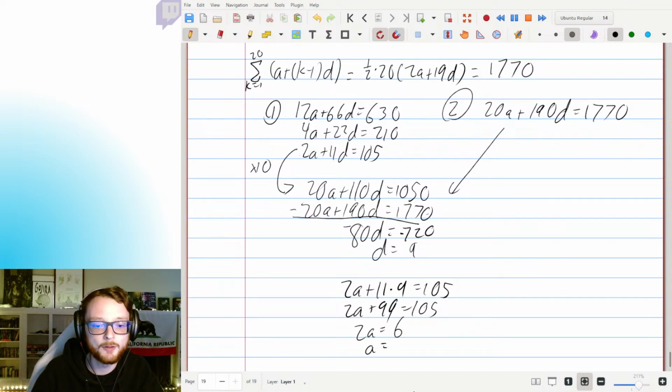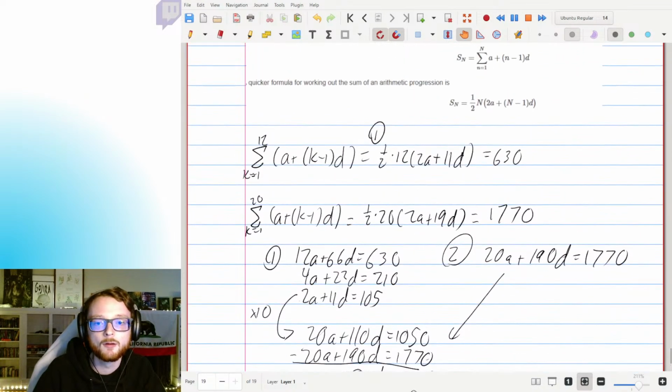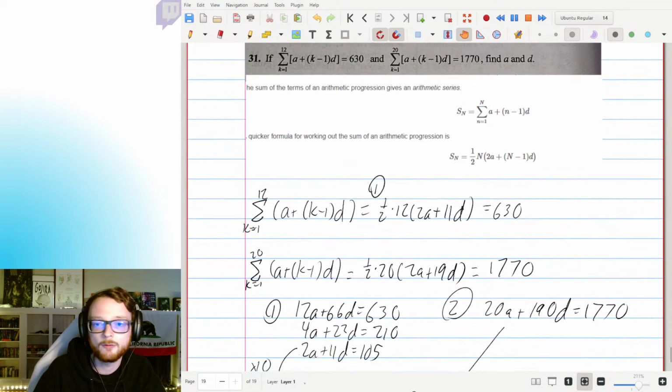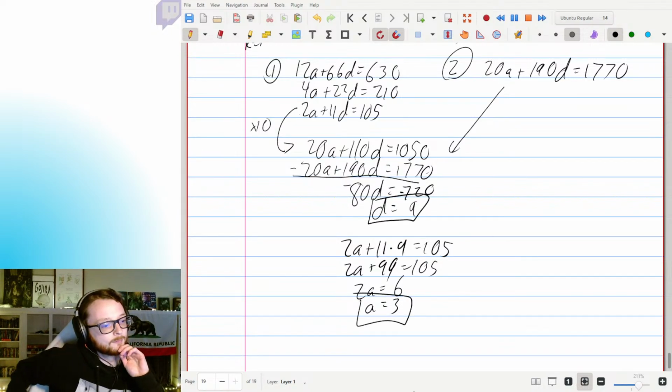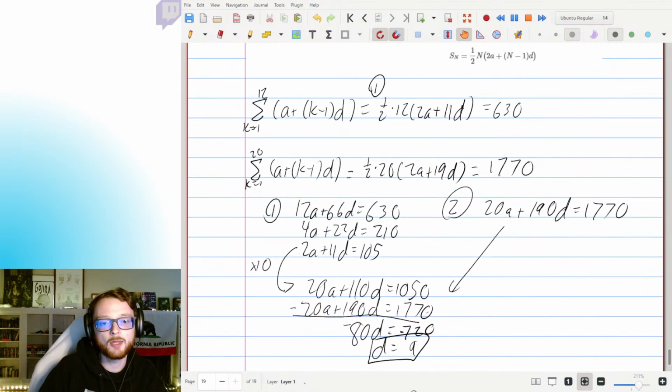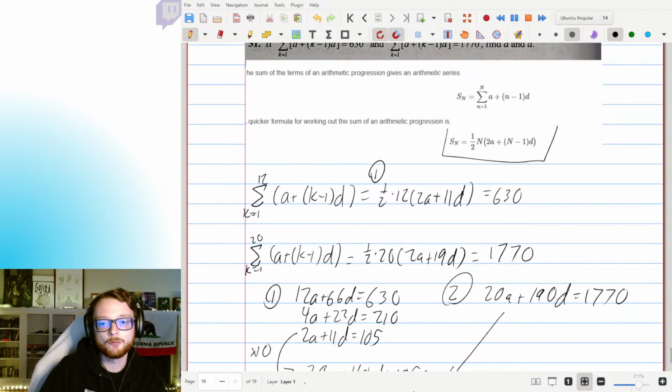So A is 3. And so that's our answer. They asked us to find A and D, and here they are. D is 9, A is 3. So the key is to know this formula exists, and then solve out a system of equations.